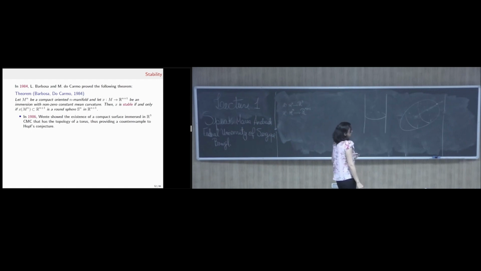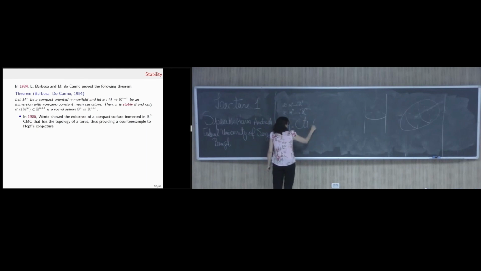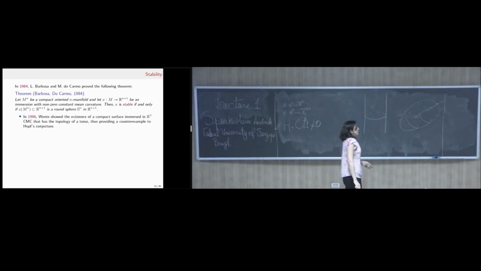It is the same way that you saw before, but now with hypersurface. In this case, Barbosa and do Carmo showed the following result. If M is a compact oriented n-manifold, and you have an immersion with mean curvature constant but not different from 0, then they prove that it is stable only if the image of M is a round sphere.